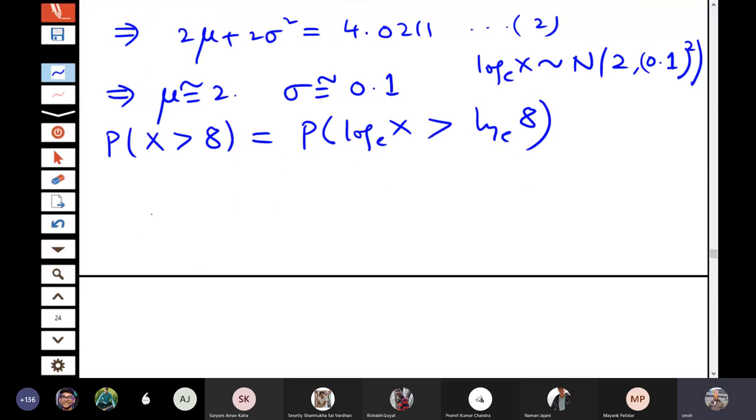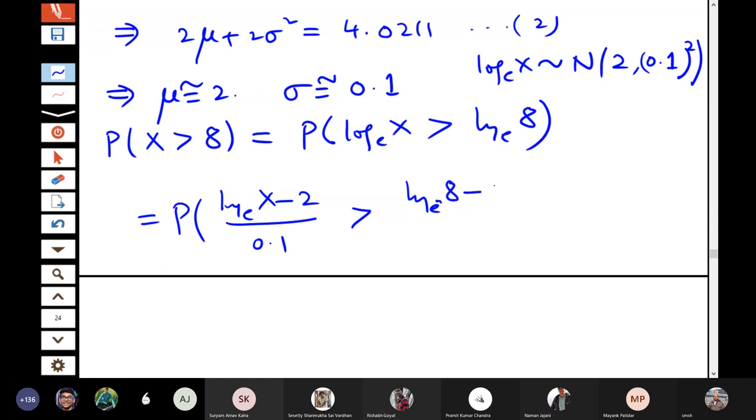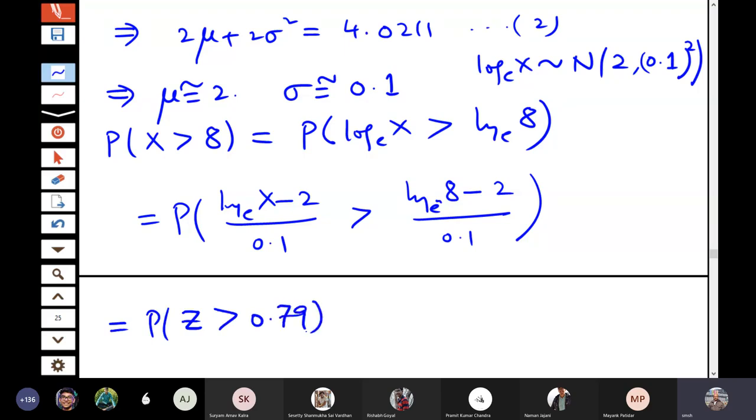So we transform this to the standard normal distribution. That is probability z greater than 0.79. You check the tables of the standard normal distribution, that is 0.2148.